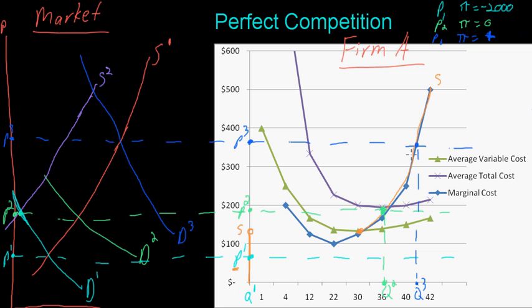So obviously more and more people are going to enter this market because they can earn a positive economic profit. And firms are going to continue to enter this market up until the point where economic profit is equal to 0, where they'd make just as much money if they went somewhere else with their money. So firms are going to continue to enter this market until supply increases to supply 3.